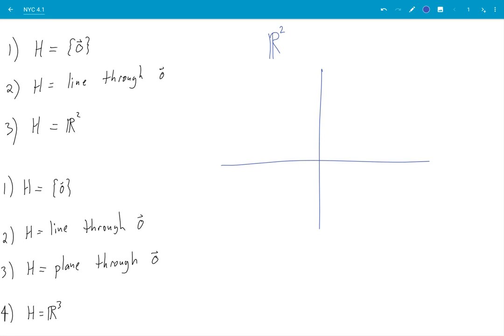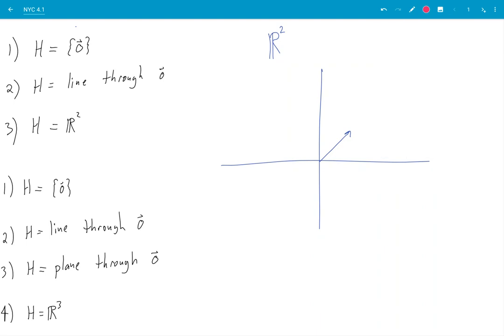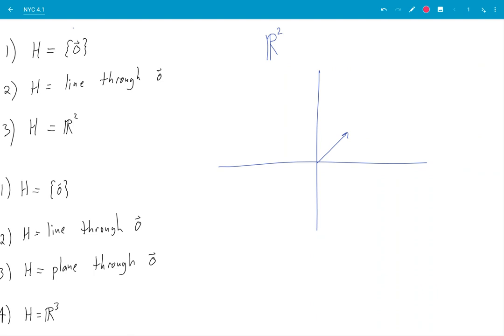Well, if it doesn't, then H must be this guy. Let's say it does have a non-zero vector. Then it must have, because of the subspace conditions, it must contain the span of that non-zero vector.